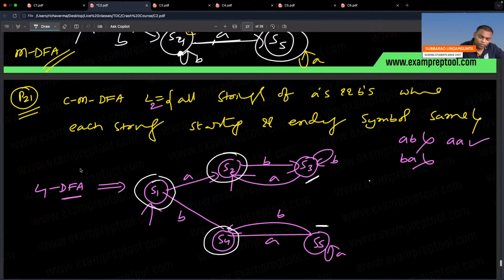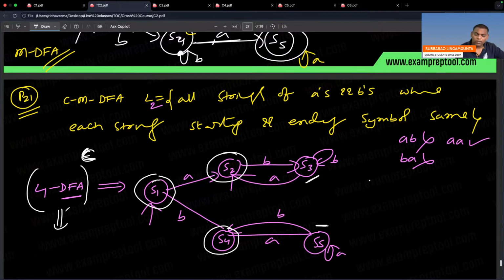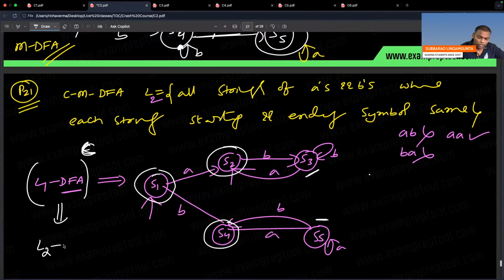Then you get the complement DFA of L1, by interchanging final and non-final. Then you will get the L2 DFA. That is the meaning of both being complements of each other.